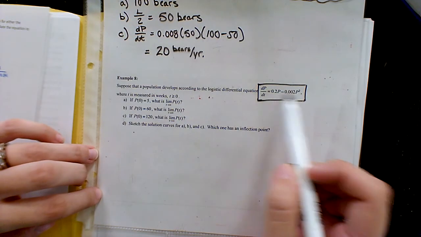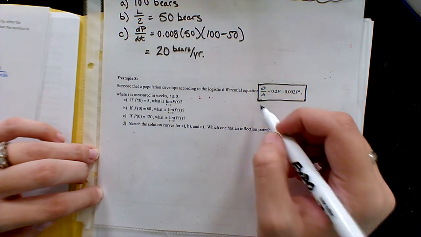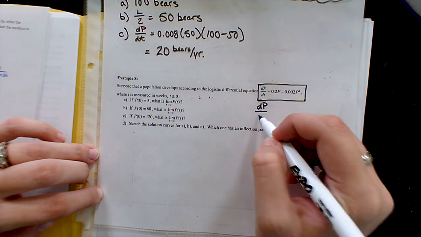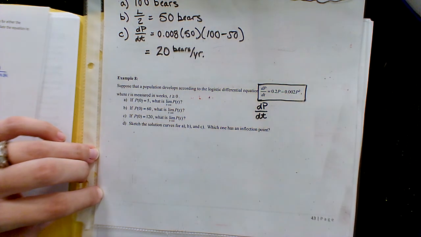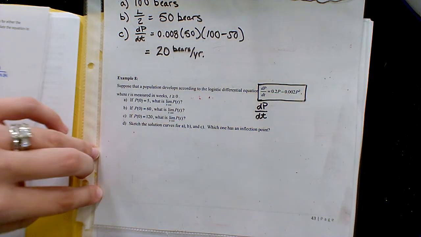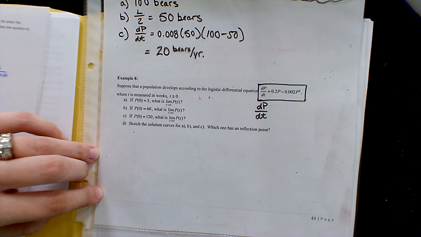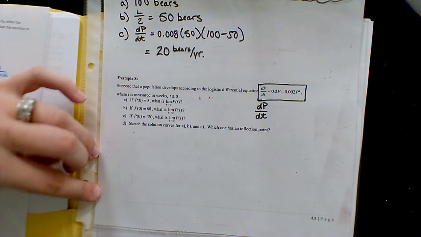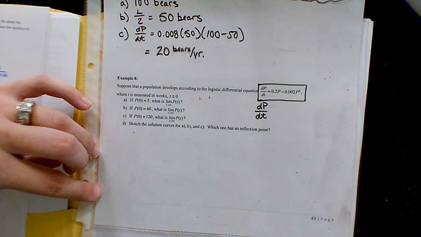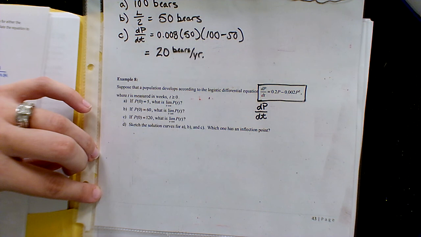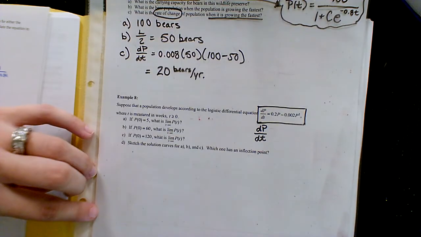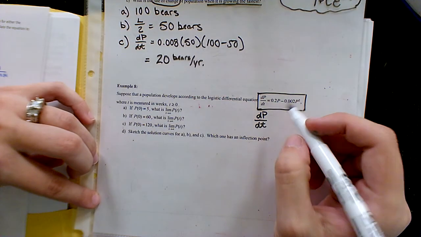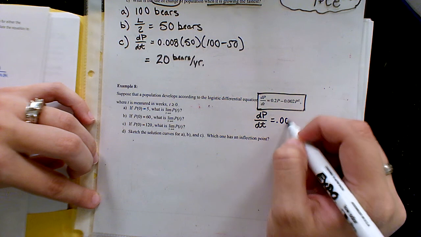So if you take a look at this one, we can think about factoring something out. We would factor out that k and then y value. So what can we factor out of this differential? Can we think of a greatest common factor or a variable? 0.002p, I like it.